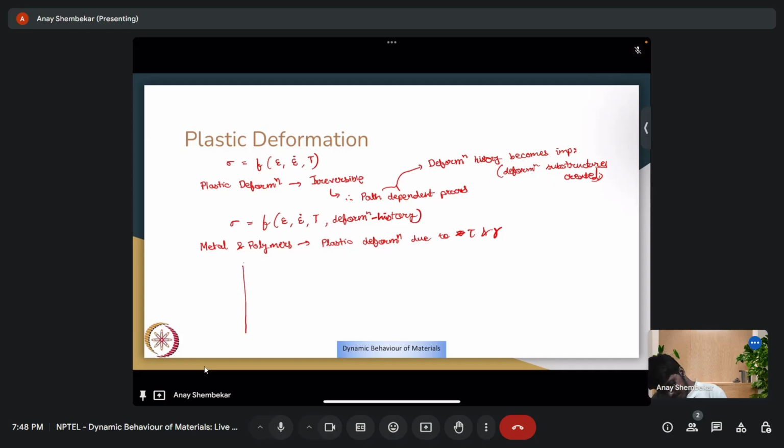Finally, an experimental data plot: yield stress versus log of strain rate, shear strain rate.